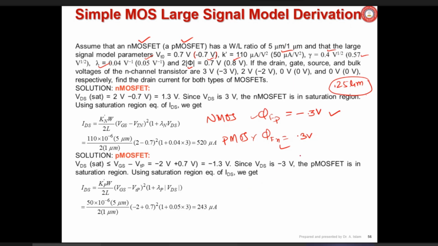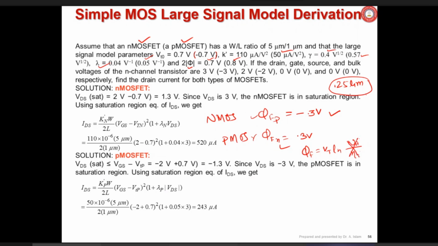What is the equation? Phi f was given as what? Vt into natural log of something, Na by ni, something like that, or otherwise? Possibly it was interchangeable.